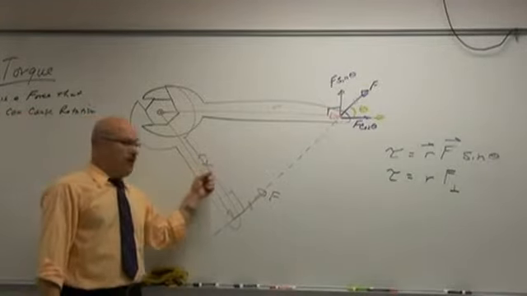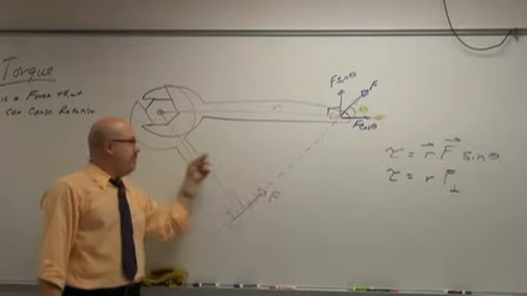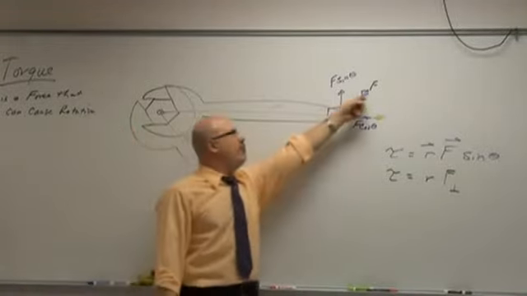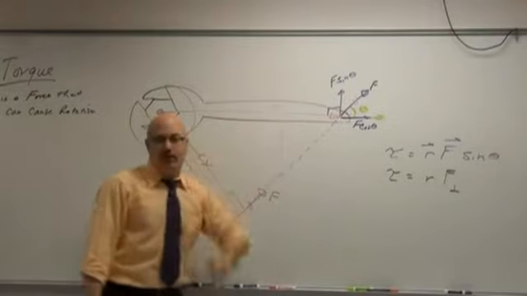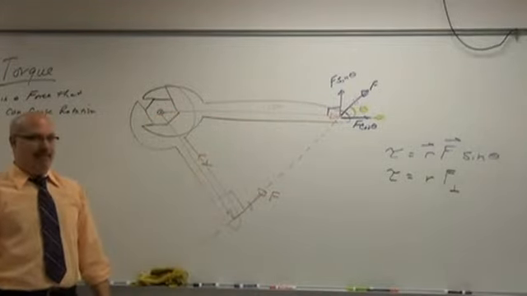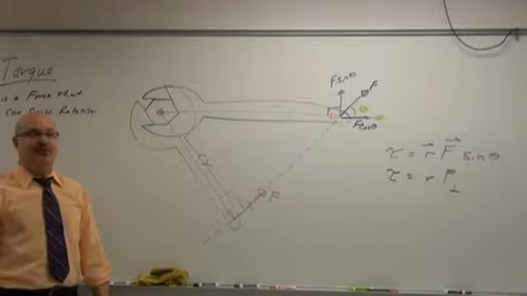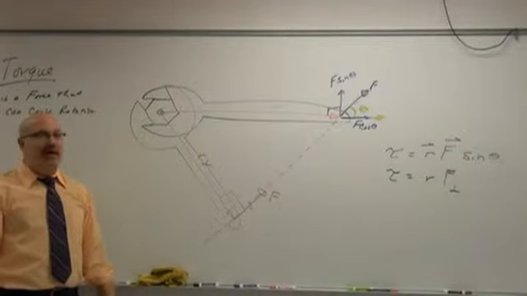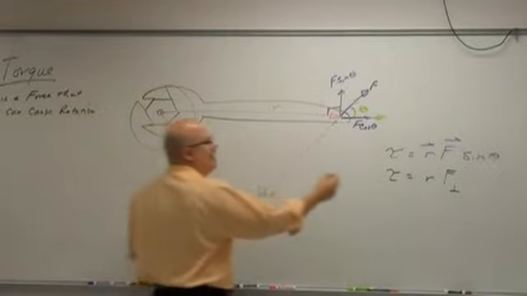How does this torque from the brown force and this radius compare to the purple force and the pink radius? Greater than that, equal to this? They're the same, because look, the radius is smaller.